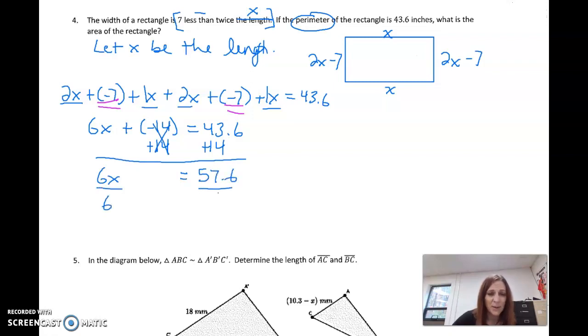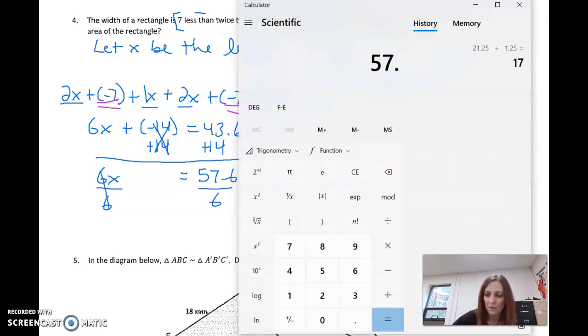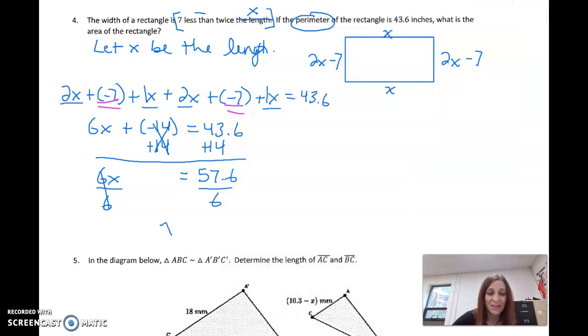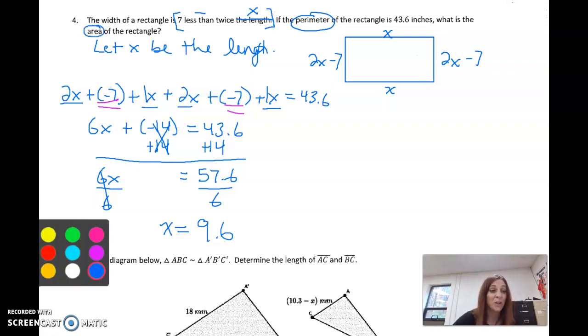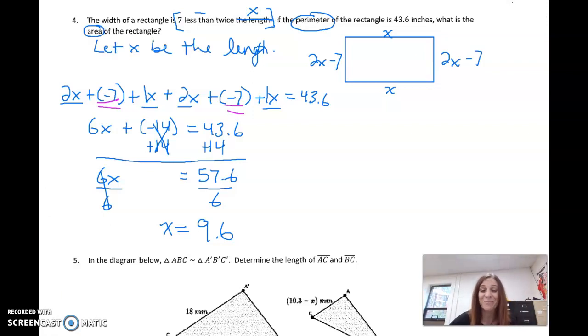And then I divide both sides by 6. 9.6. So we get our x is equal to 9 6/10, or 9.6. Did we answer the question being asked? What is the area? Well, no, we didn't. X in that area is not 9.6.